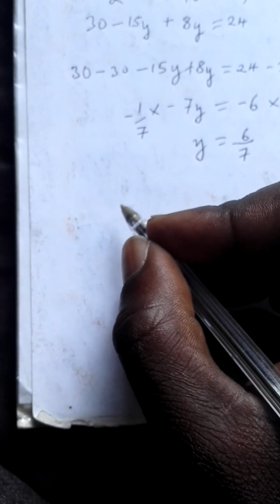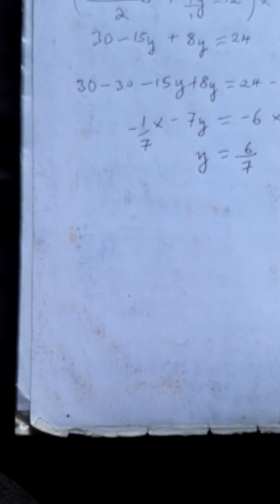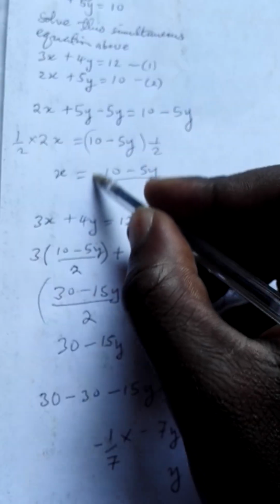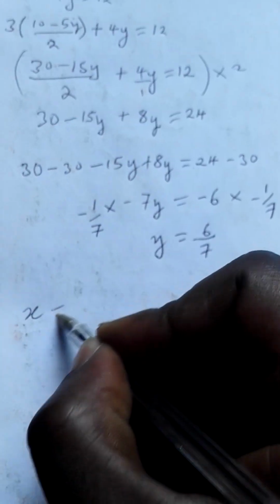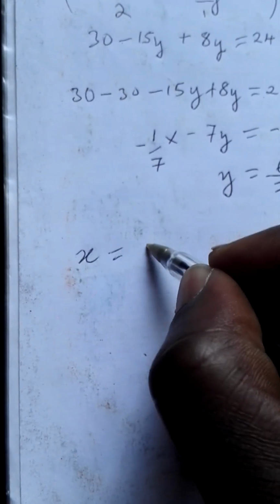So we go back to that equation which had x as the subject of the formula. If you remember, it is here. So x equals 10 minus 5y divided by 2.